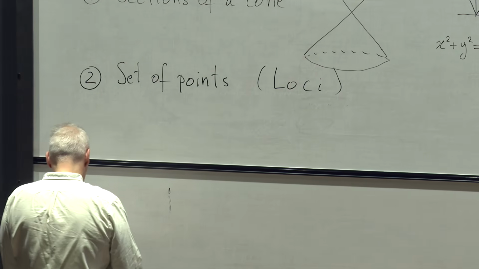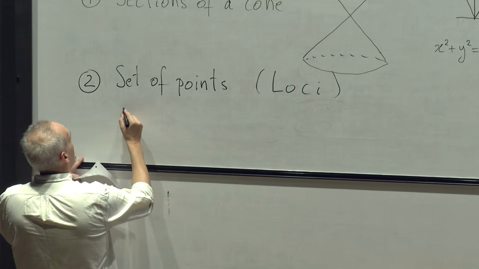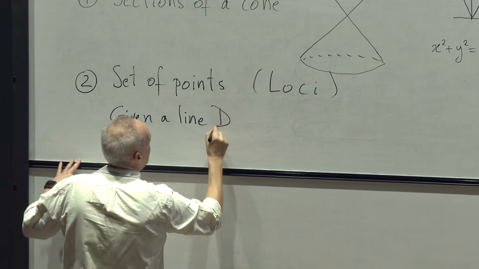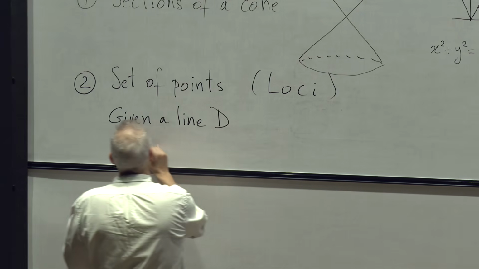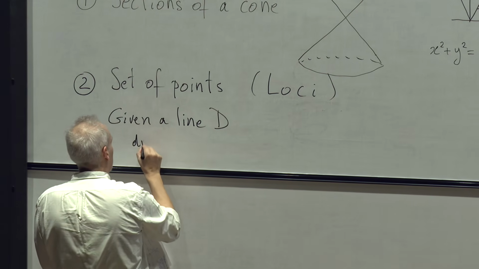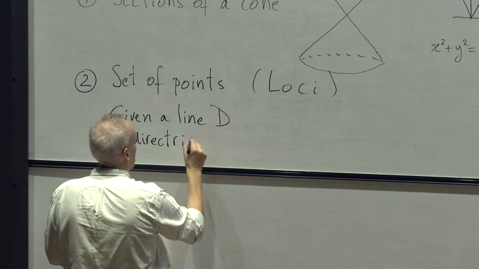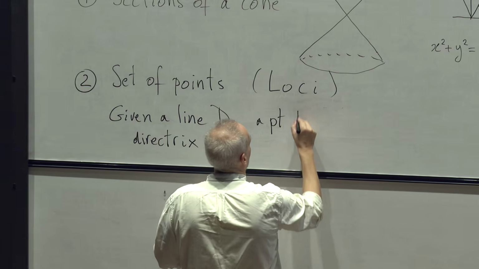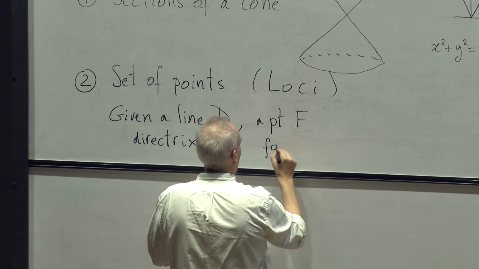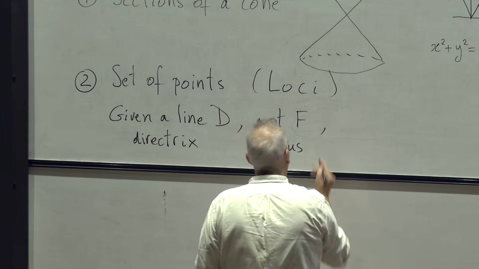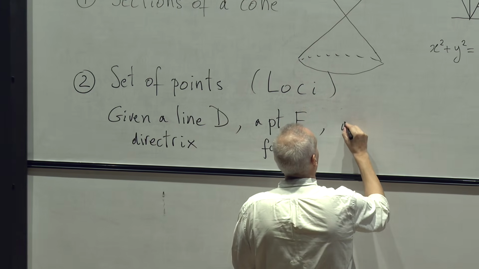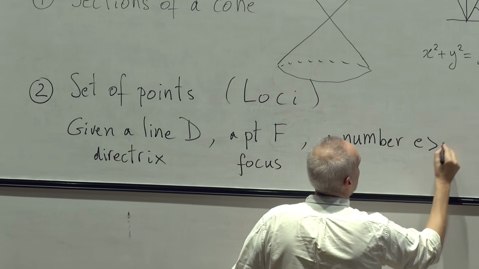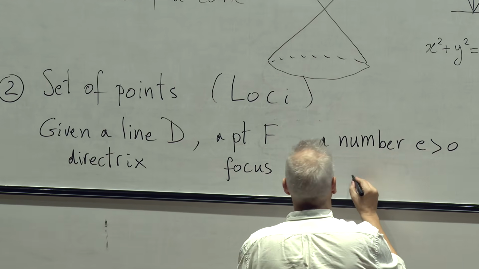So, these are the typical questions. Given a line D, which we call the directrix, beautiful names, all problems. A point F, called the focus, foci when there is more than one, and a real number E positive, that we call the eccentricity.